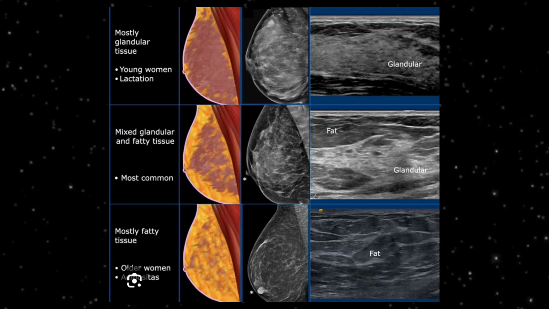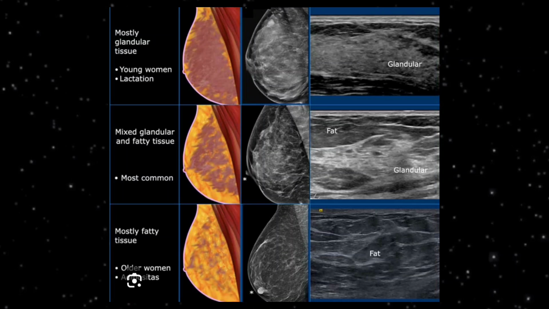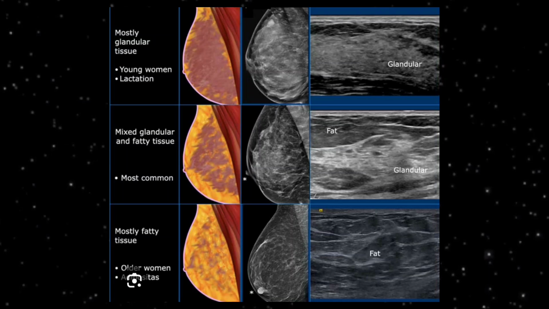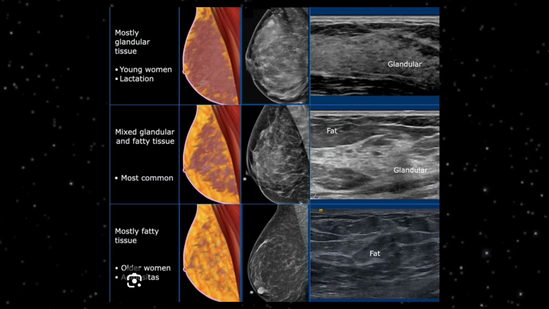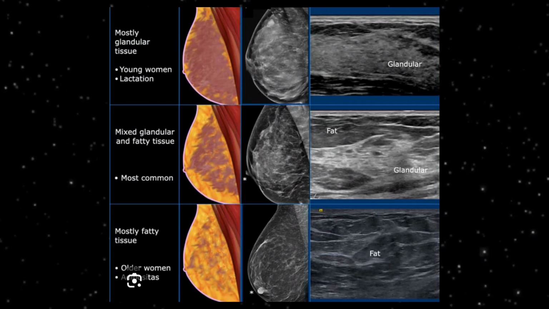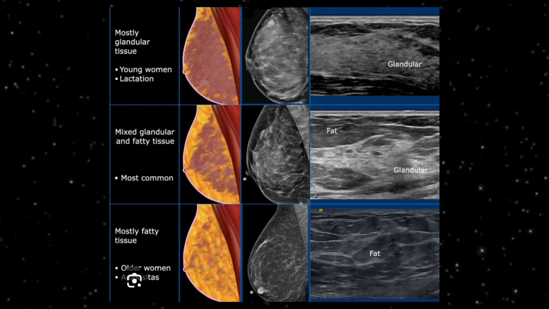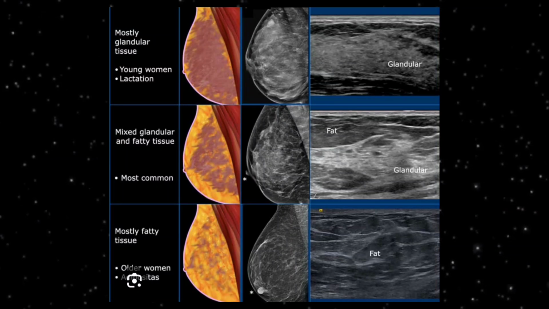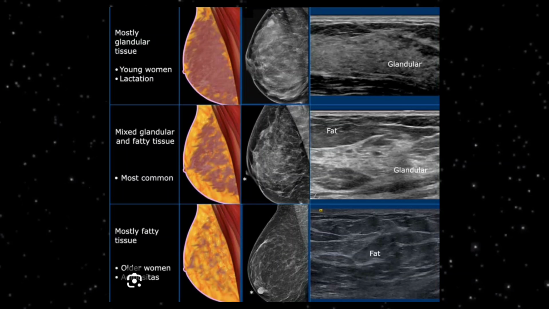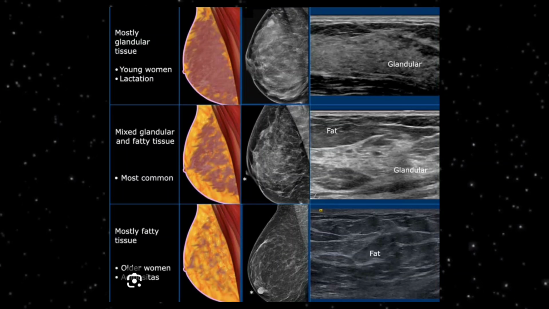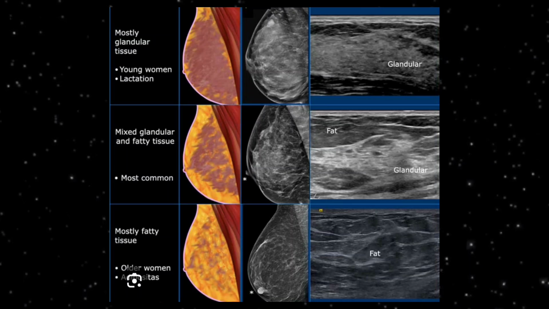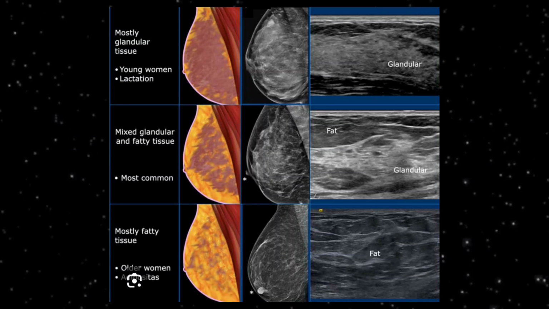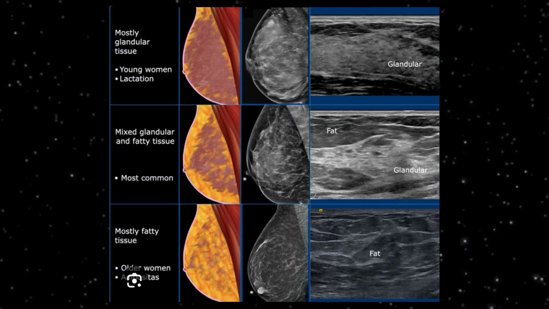On the top image of the three, it is written as mostly glandular tissue. Glandular tissue is usually seen in young women, and it can be easily appreciated on ultrasound, appearing like this.